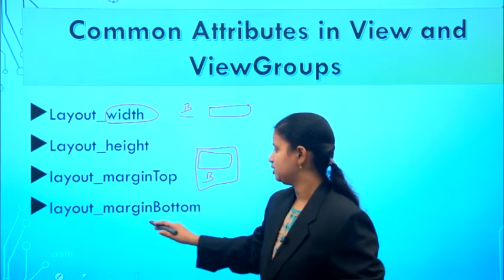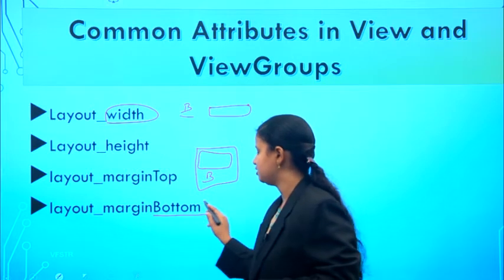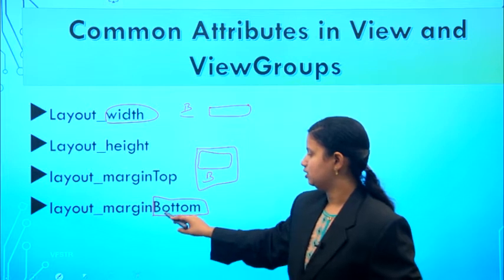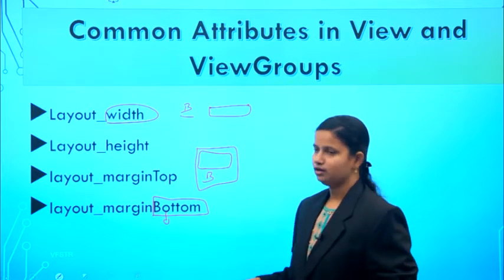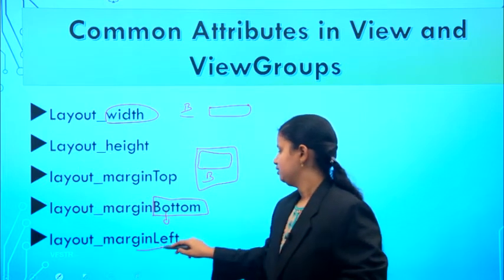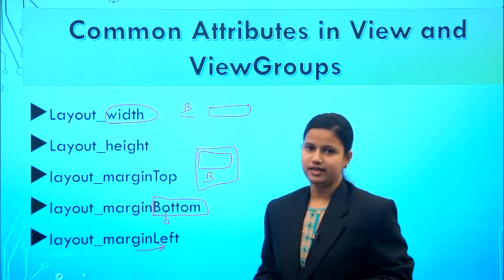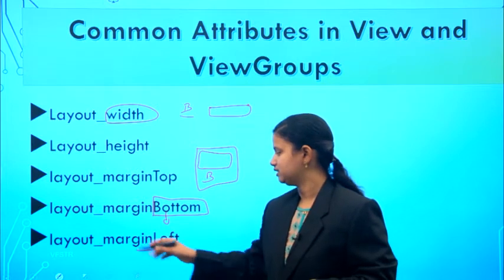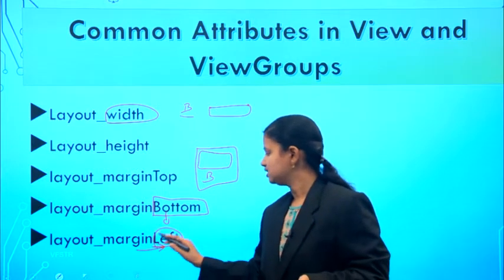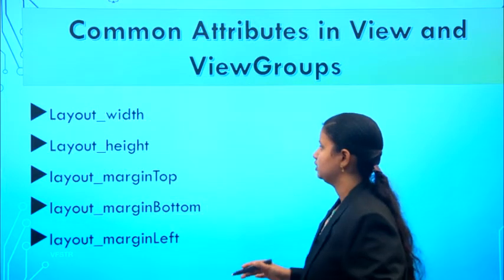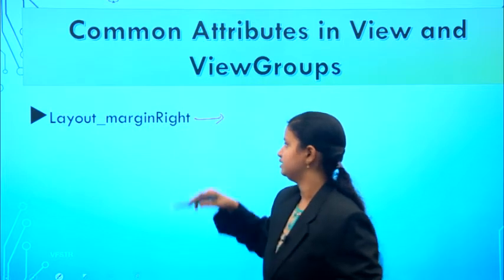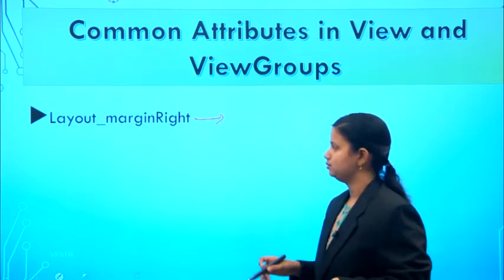In the same way, layout_marginBottom specifies the extra space on the bottom side of the view or view group. Layout_marginLeft specifies the extra space on the left side of the view, and in the same way, the right side of the view. So what is the extra space needed for the view or view group?